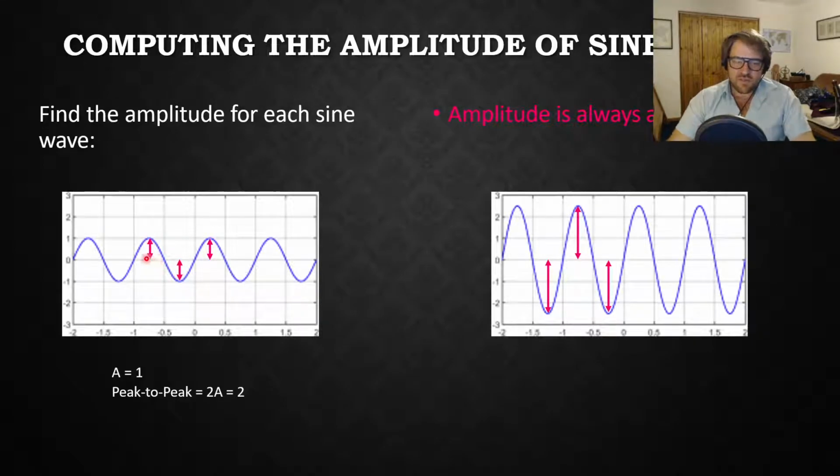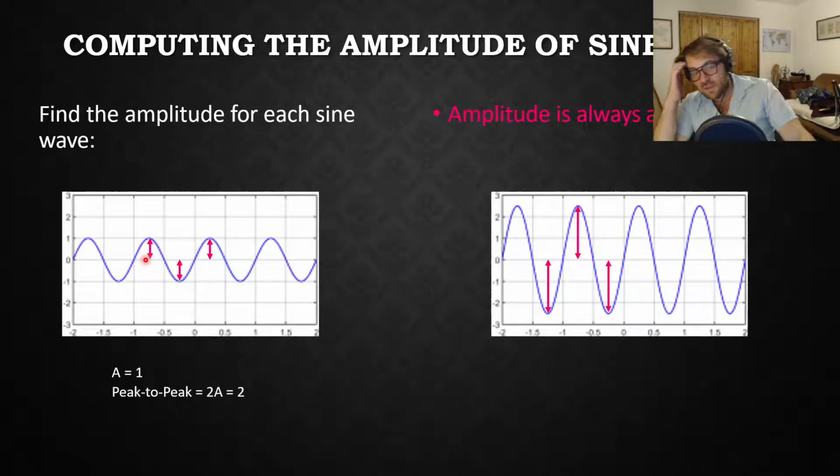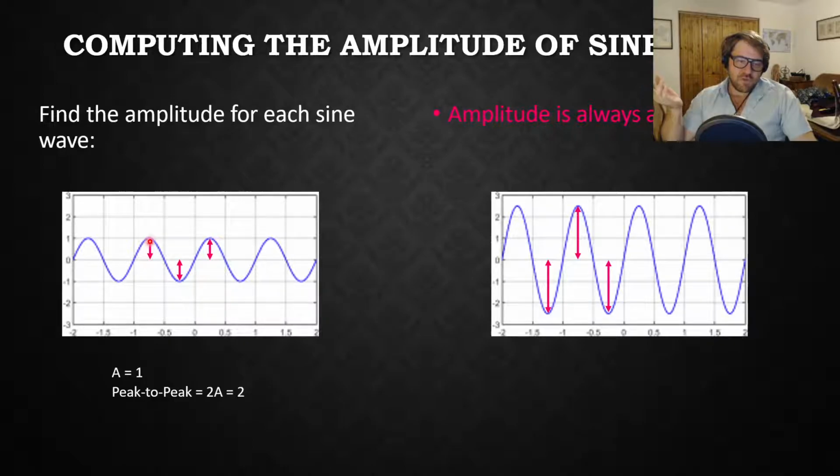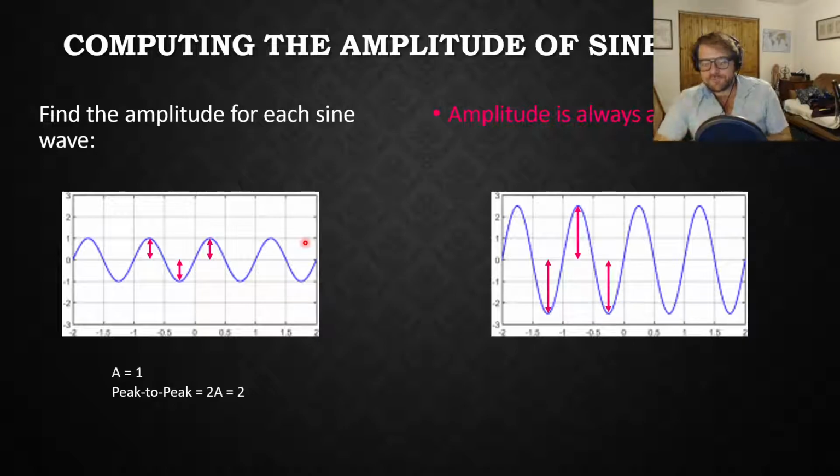You can clearly see a 0 is always marked in all of your graphs of sound. So just go from peak to 0, nadir to 0. That's your amplitude. What about on the right? Well, that looks like roughly 2.5 is what I would say. So it goes from 0 to negative 2.5, but it's always a positive value.